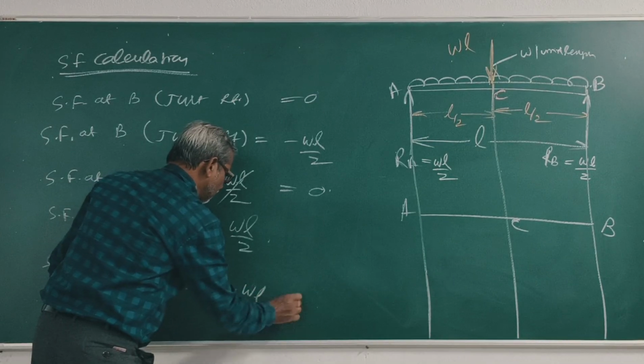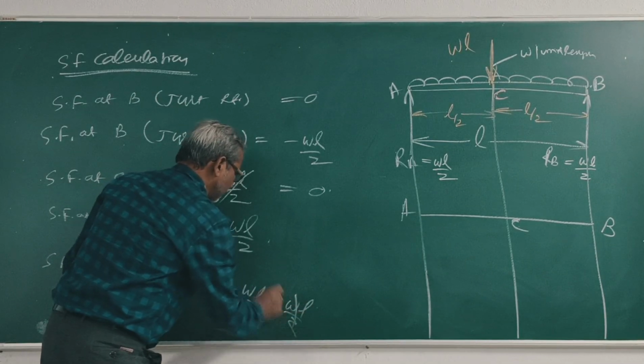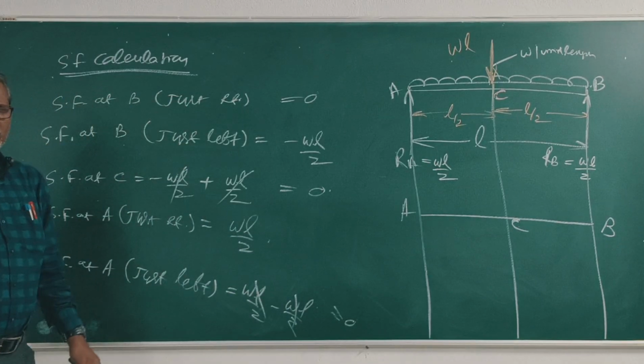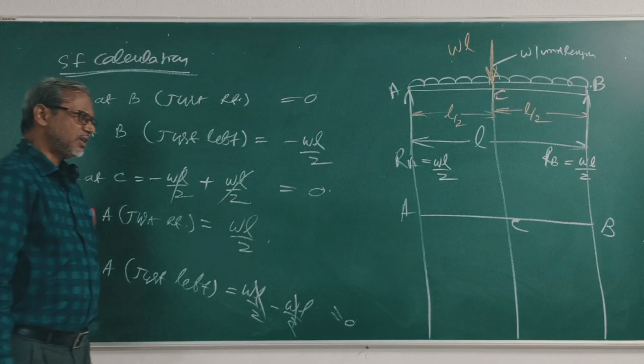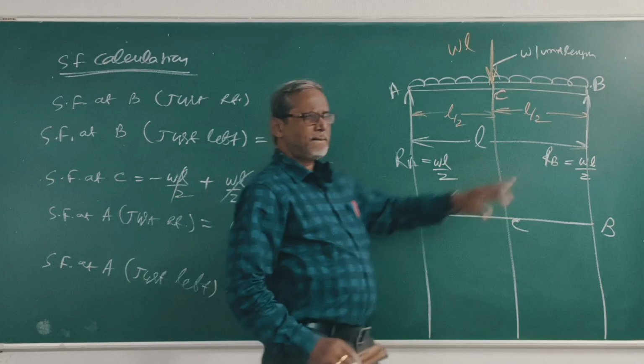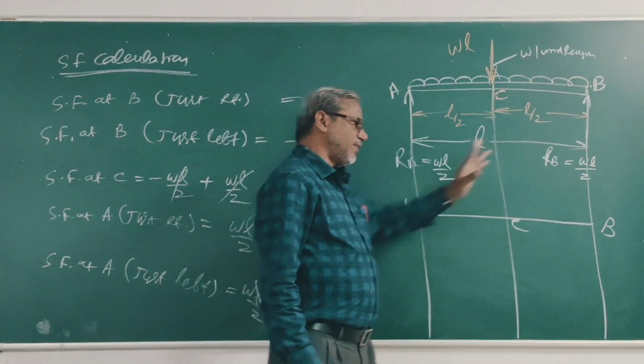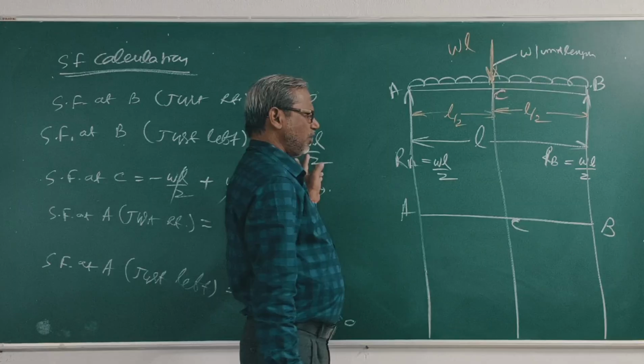Again I am explaining. Shear force at B just right is 0. At B left, minus wL by 2.